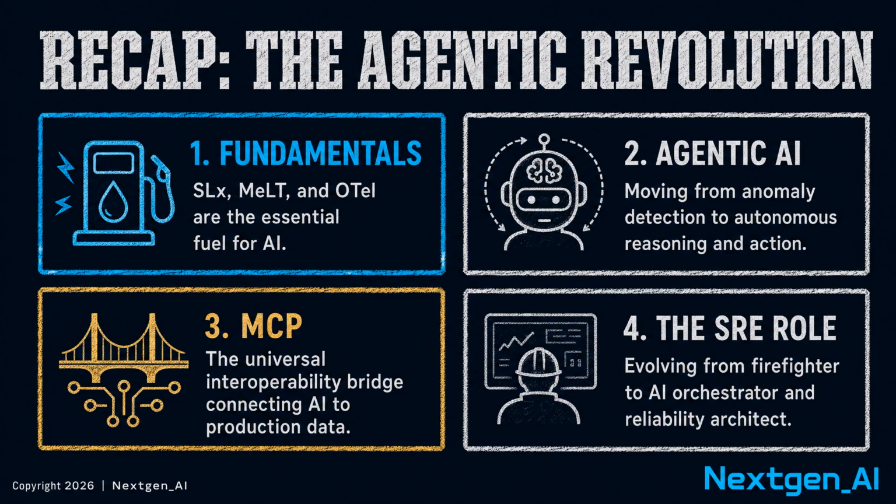The complexity of modern distributed systems, with their microservices and ephemeral resources, has surpassed human cognitive limits. Manual troubleshooting at scale is simply unsustainable. The solution: Agentic Operations, powered by foundation models and the Model Context Protocol.